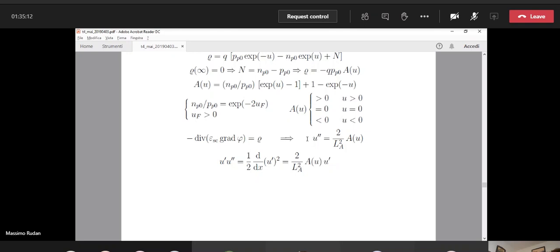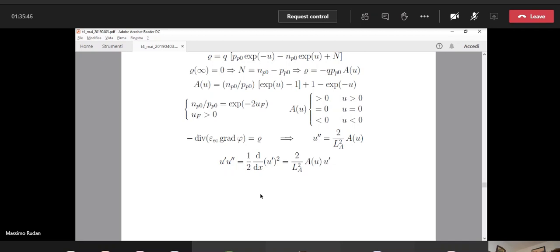Why? Because when you multiply by u prime, the left-hand side becomes u prime u double prime, okay? And you see immediately that u prime u double prime is just 1/2 the derivative of u prime squared. So we have transformed the left-hand side into a derivative. So this is obviously integrable, okay?